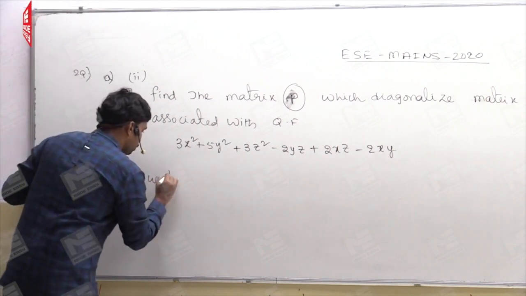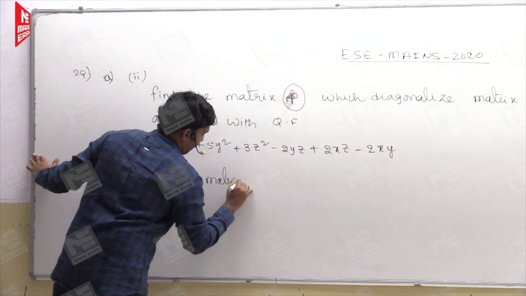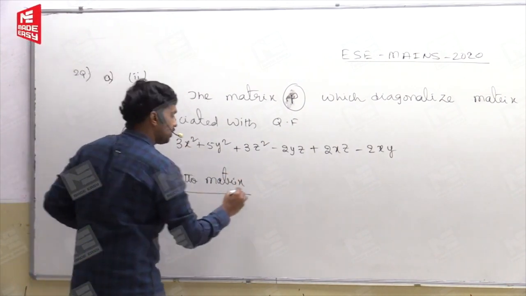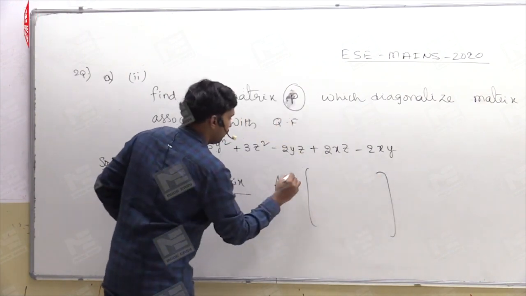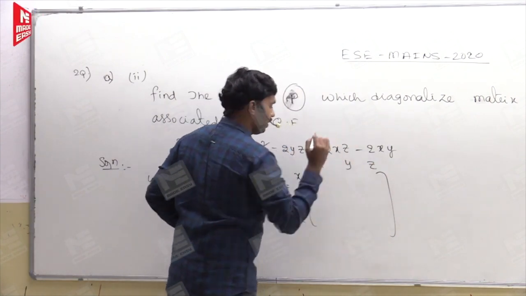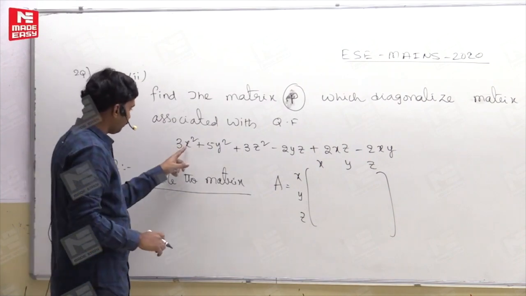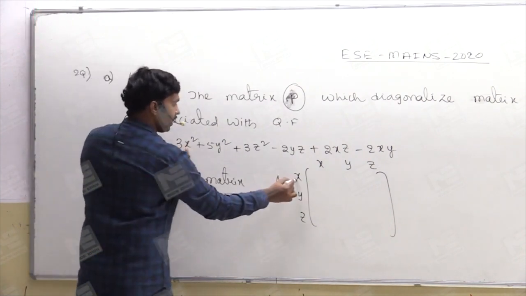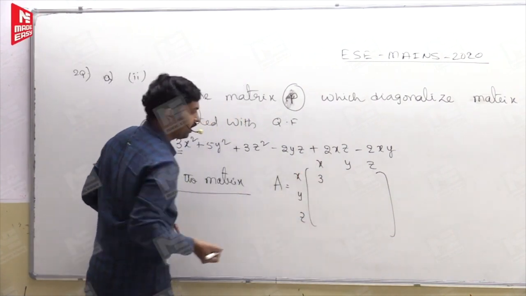Write the matrix as A is equal to, I'll write it here. I'm taking X, Y, Z and X, Y, Z here. Now, basically, it is x square, so it is x into x, whose coefficient is 3. So I am taking it here 3.